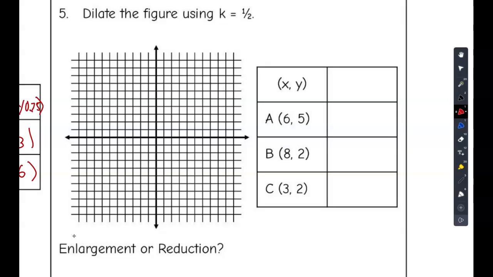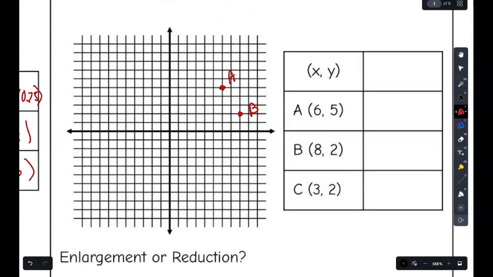All right. So 6, 5. Right here. So that's A. And then B would be 8, 2. That's B. And I'm going to zoom in a little bit here.